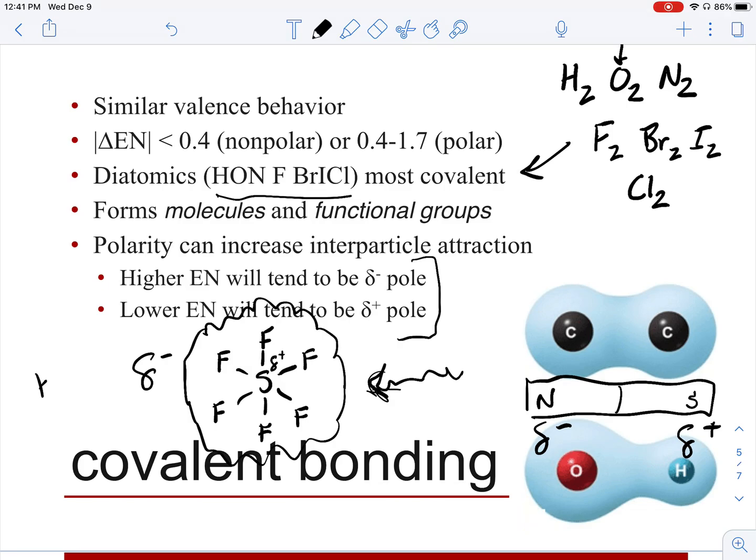We look at water, and water is a fairly polar molecule. And that allows water to stay together as a liquid at room temperature because the poles are exposed and it's a fairly strong polarity.